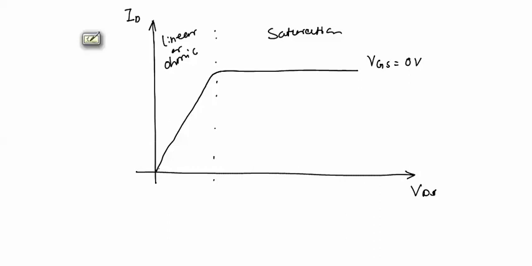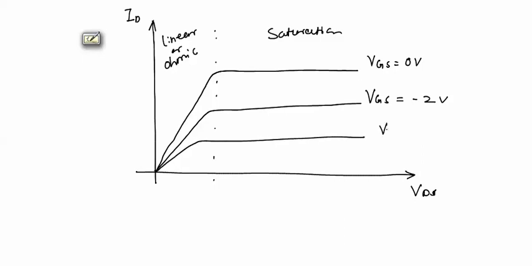If we apply negative VGS like JFET, we will get curve below this, VGS equal to -2 volt. If we further increase negative VGS, we will get this curve for VGS equal to -4 volt. These curves will belong to depletion mode.